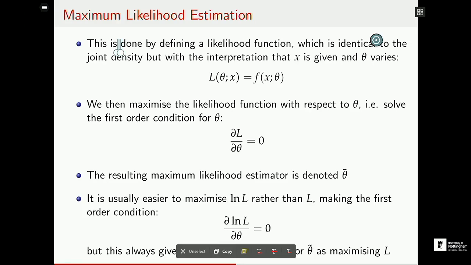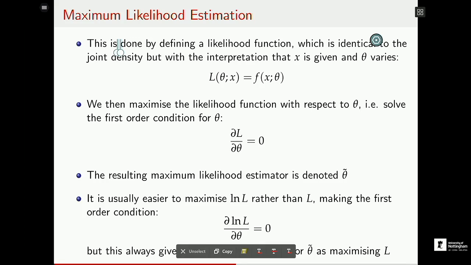With maximum likelihood, we think of it the other way round. We think, well, I've got my data, that's x, and that's fixed, that's given, and now I'm going to think about all sorts of distributions that might have generated x. So in a normal distribution example, you might think of all possible means and variances, all possible different thetas that might have given the sample x.